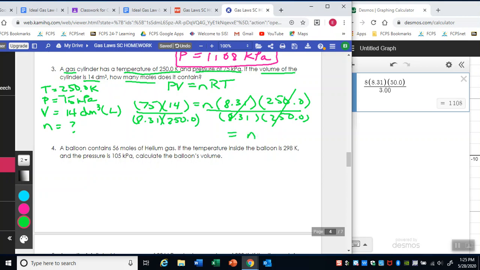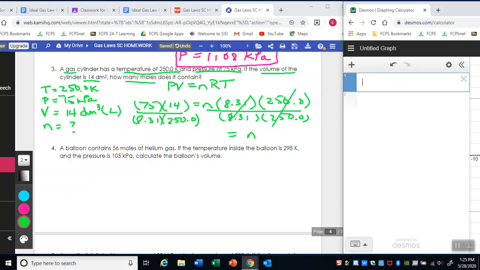And this just reduces my errors because I'm not rounding a bunch of times, and I don't have to write up things a bunch of times. So I'm going to put 75 times 14, my pressure times my volume, divided by my constant here, 8.31, times the temperature, 250. Oh, I put a comma there.